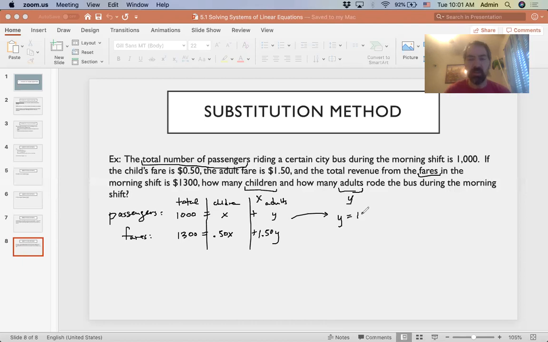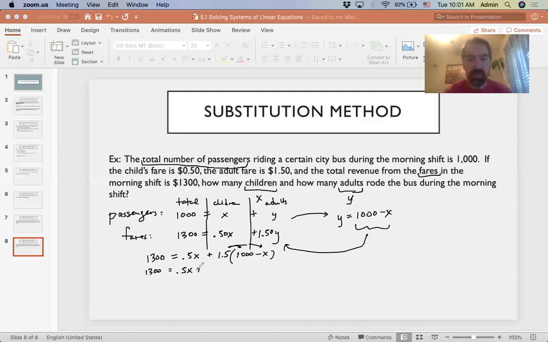Y is equal to 1,000 minus X. Substitute that into the second equation. 1,300 equals 0.5X plus 1.5 times 1,000 minus X. Distribute the 1.5. 1.5 times 1,000 is 1,500.